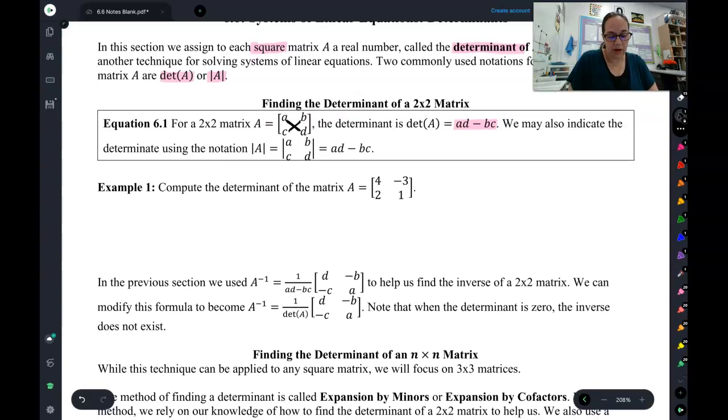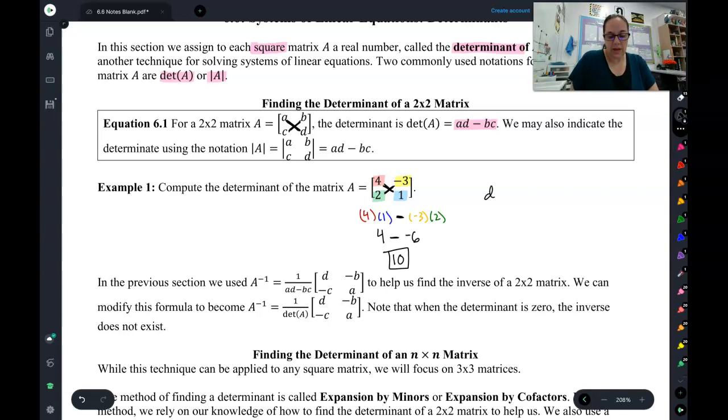So if we look at example 1, if I wanted to call this A, B, C, and D, to calculate the determinant, I multiply the diagonal AD first, 4 times 1, and then I subtract the other diagonal multiplied. B, negative 3 times C, 2. So that gives me 4 minus a negative 6, which is 4 plus 6, which is 10.